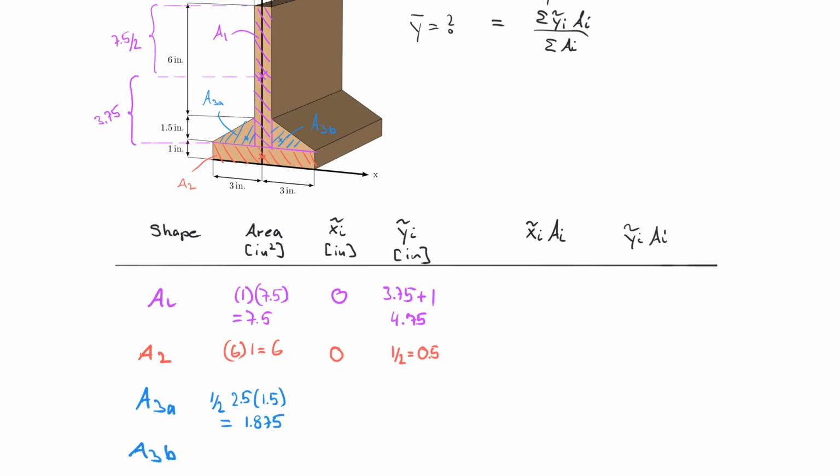Again, be very careful, because here we subtracted 1/2 inch from the base, right? So a common mistake in an exam is that students take the 3 inch here, but in reality you have to subtract the 1/2 inch. So that makes it 2.5 times 1.5, 1/2, because it's a triangle, and you end up with the 1.875.